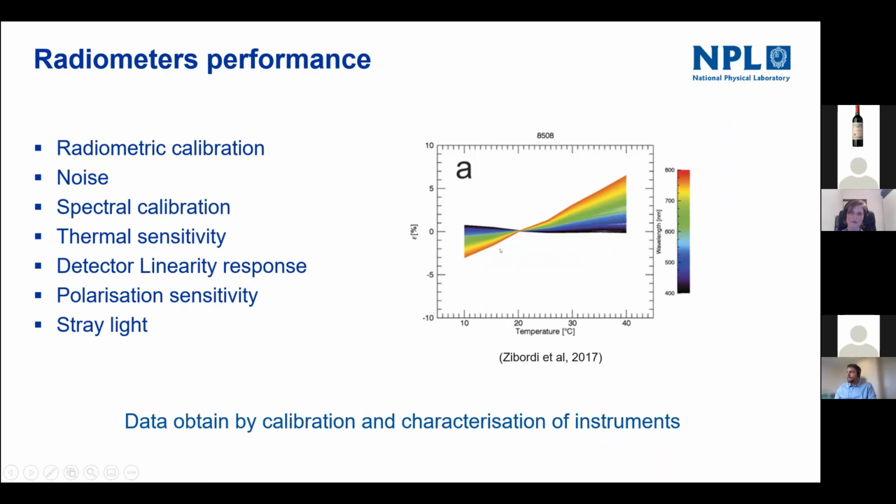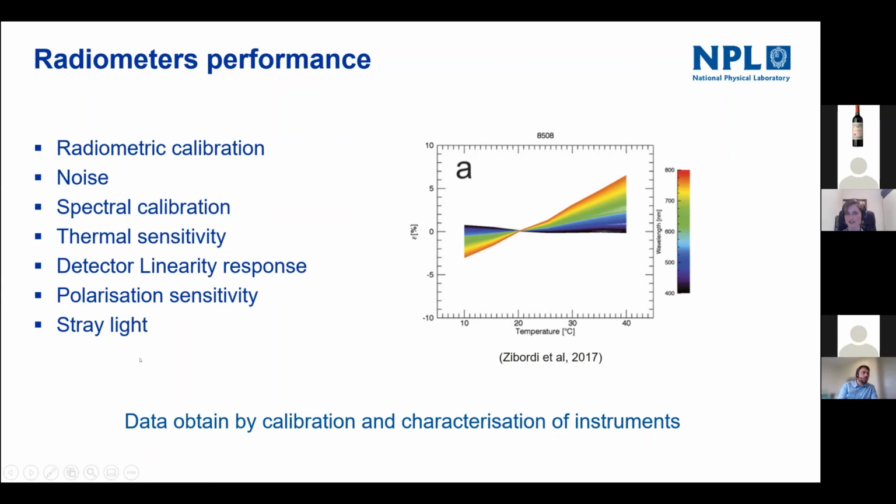And there are some examples. For example, this is a temperature responsivity of some of the, again, hyperspectral instruments, and it's really changing for some wavelengths. And if we don't apply that correction, the absolute calibration coefficient that was established in the lab at one temperature will not be applicable anymore.